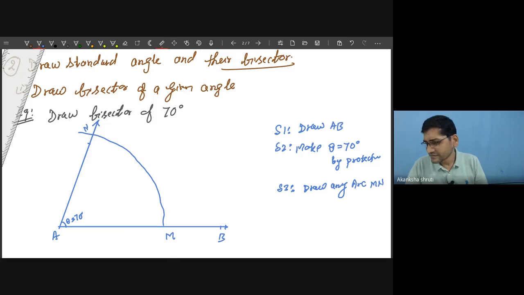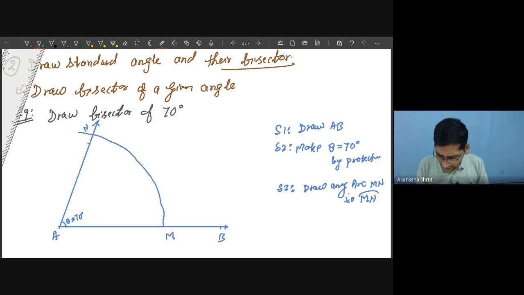So arc MN is denoted as MN with a bar over it, this is the arc. Now again, you have to keep the radius suitable. You can change it, but if possible, do it without changing.